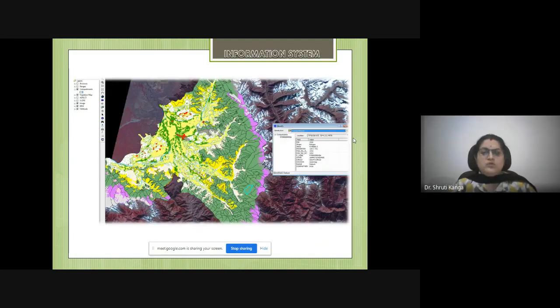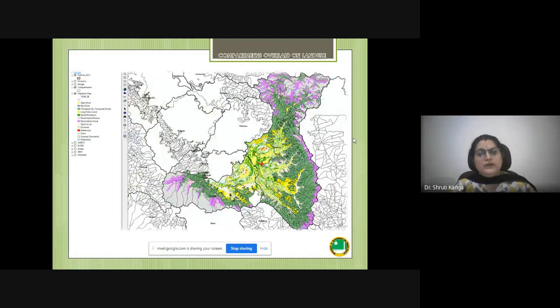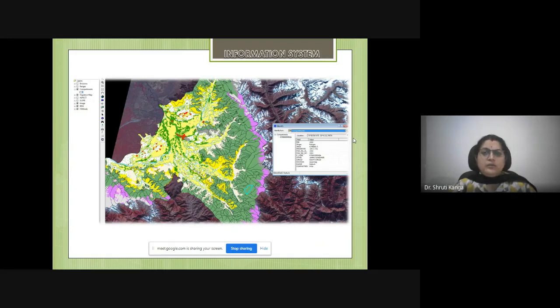And then if you want only a compartment, that can be extracted for whichever area you need out of that forest division. After that, the information system also helps us.